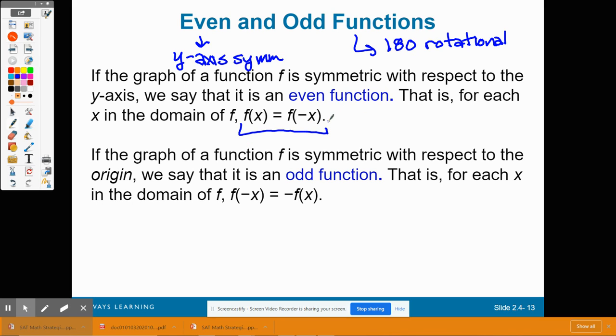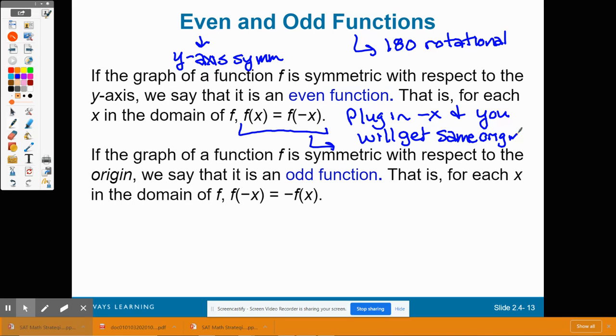So what this is saying is, right here, plug in negative x, and you will get regular old f of x, the same thing you started with. Same original function.